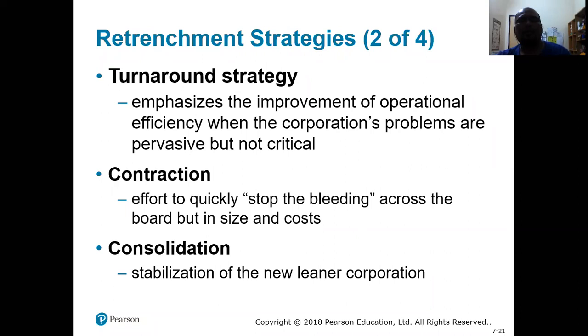How do they do it? They will try to improve their operational efficiency when the operational problems are pervasive but not critical. So turnaround strategy is still possible during the early stage of the declining process.